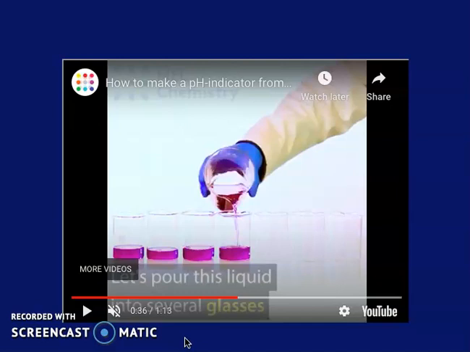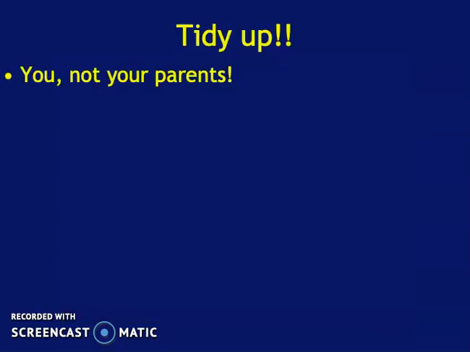For your base, if you have drain cleaner, use that, but please be super careful with it. Bleach at home also works, and again, be careful. With things that are colorless or do not have much color in them, you will get a much better result. Now, I'm hoping by now you know which neutral substance you're going to use. Okay, and you need to make sure you've recorded your result.